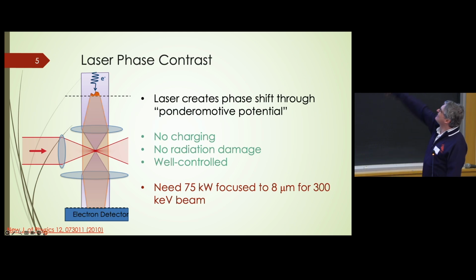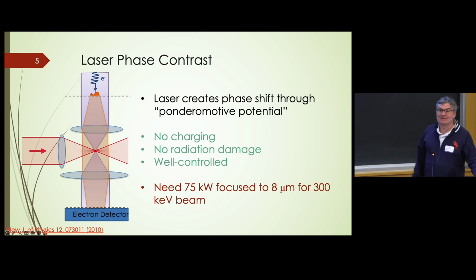Again, I'll spare you the details. Suffice it to say that since we're not bringing any material into the electron beam, there is no material that can accumulate charge or suffer radiation damage. And since the properties of the laser beam are determined by Maxwell's equations, this should, in principle, be very well controlled. So what's the snag?